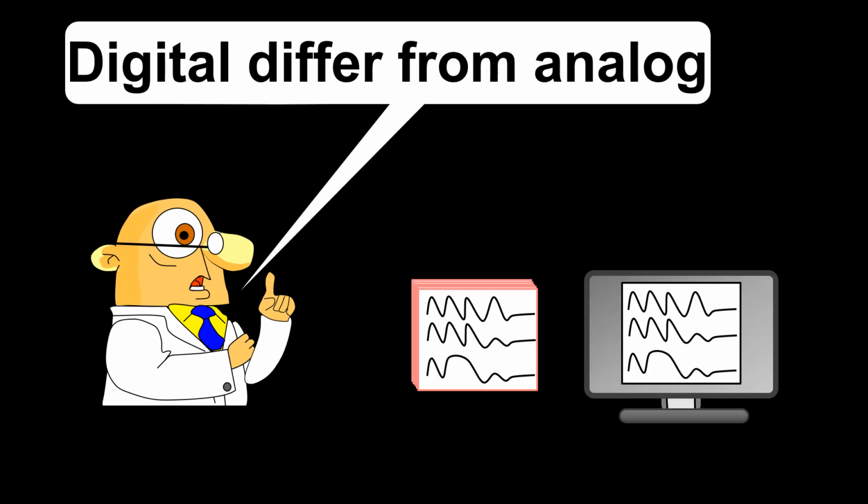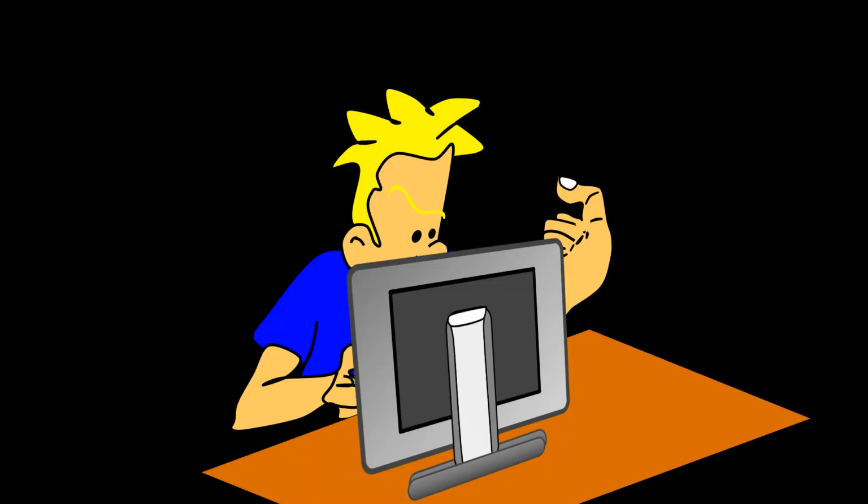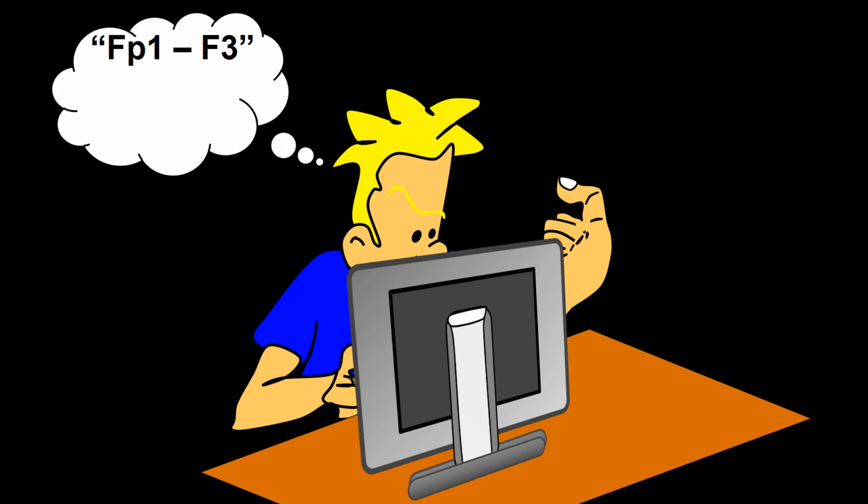Yet, the end product of analog and digital recordings, that is the EEG itself, is so remarkably similar that when reviewing a digital EEG and surveying each channel, we can forget that what we are looking at is the product of mathematical wizardry and analyze it as if the channel were the product of direct inter-electrode comparison.